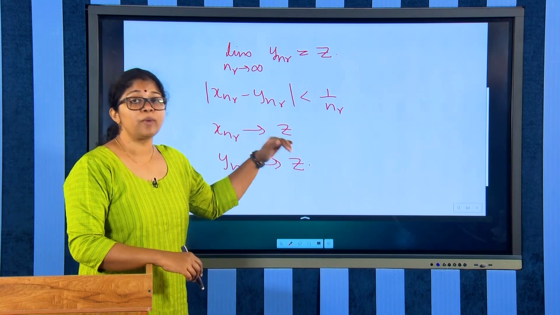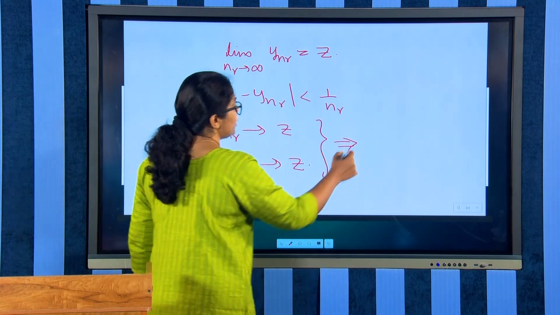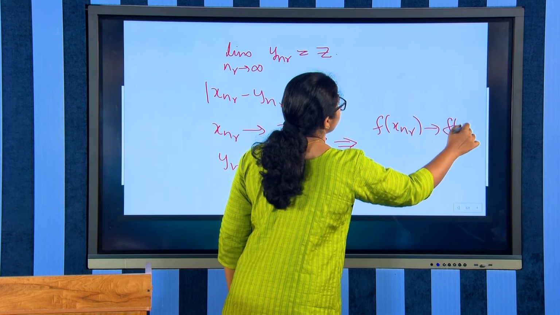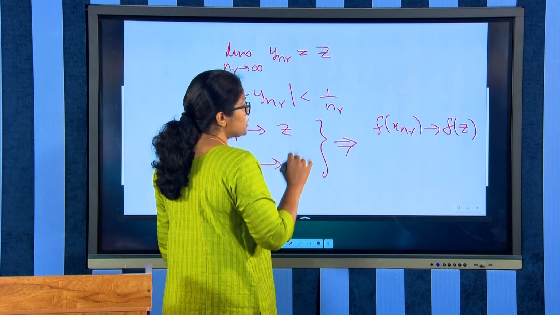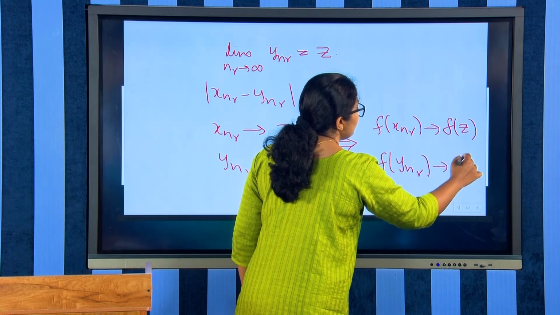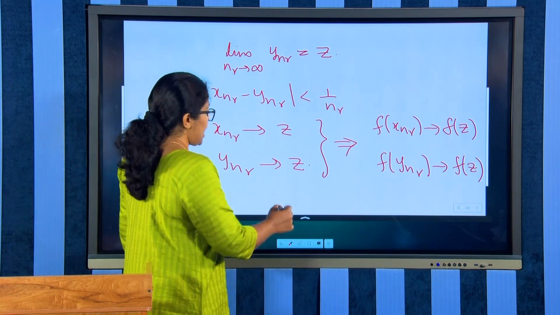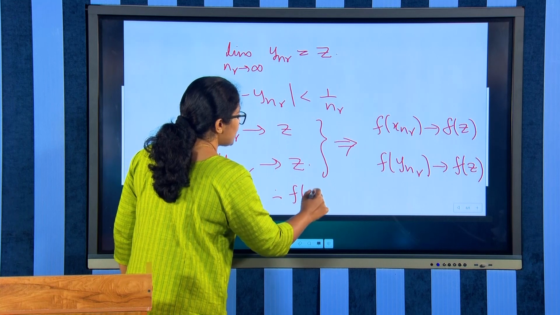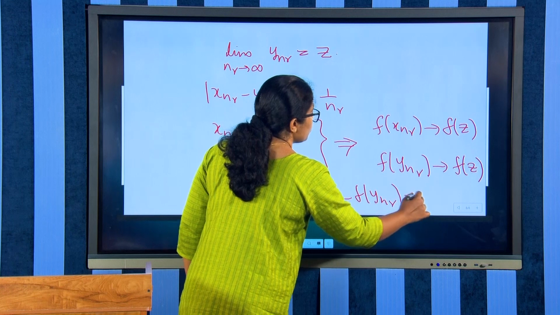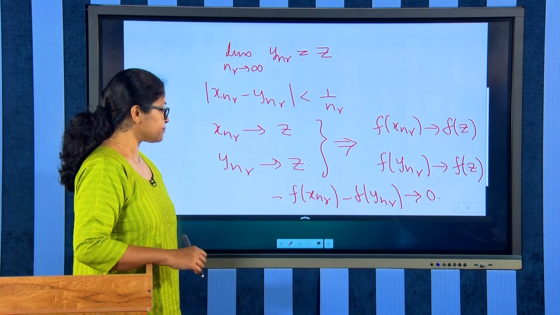By the continuity of f, these two force what? f of xnr goes to f of z as nr tends to infinity, and f of ynr goes to f of z as nr tends to infinity, and therefore f of xnr minus f of ynr goes to 0 as nr goes to infinity.